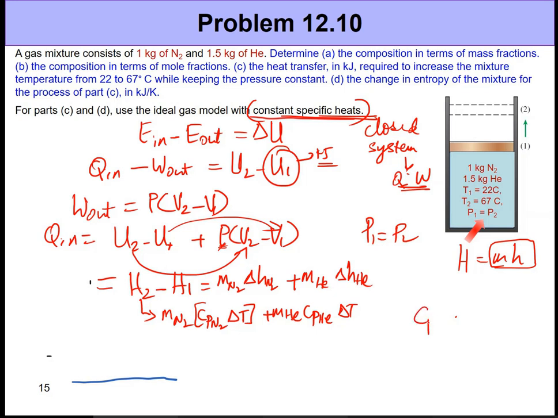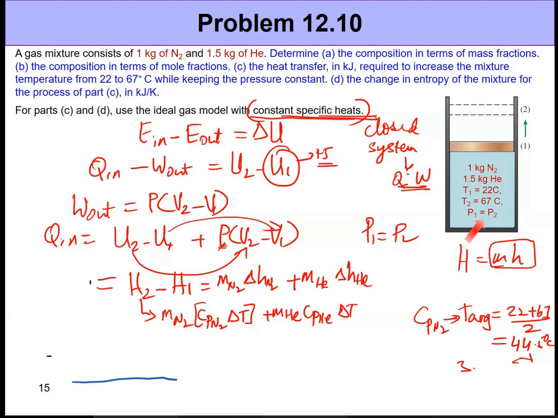Now Cp for nitrogen, or for any given gas, needs to be evaluated at an average temperature. If you look at the average temperature of 22 and 67, it would be 44.5 degrees Celsius. We convert that into Kelvin because the specific heat values are given in terms of temperatures in Kelvin.